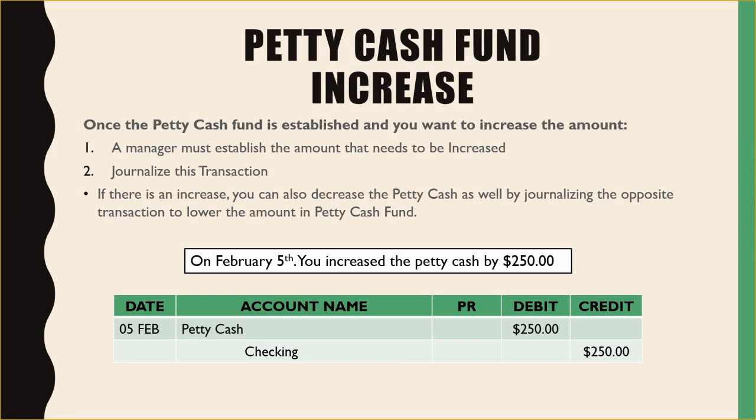In this case, you're only going to be adding the extra amount you need to get to the goal of your total petty cash drawer. So I'm going to add an additional $250 to my petty cash drawer so that I now have $750 in my petty cash drawer at all times. So that's exactly what we're going to do.